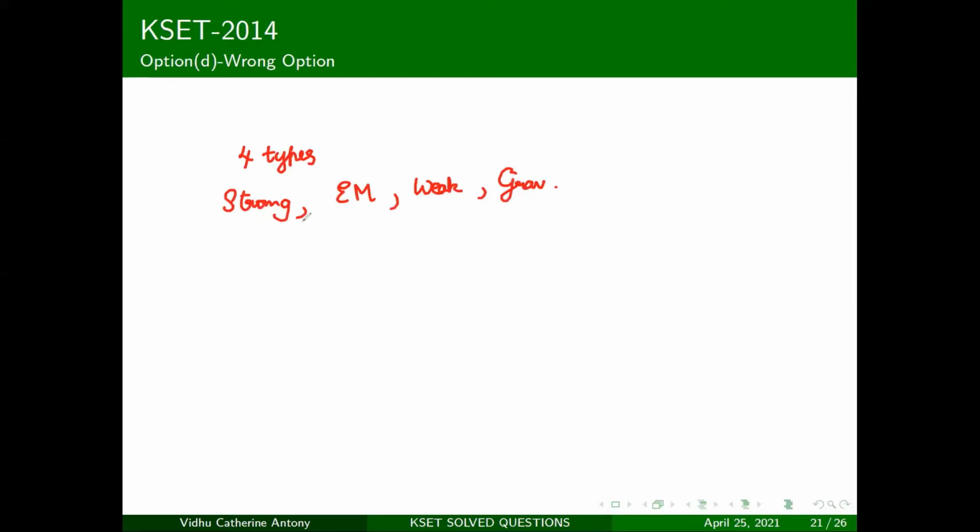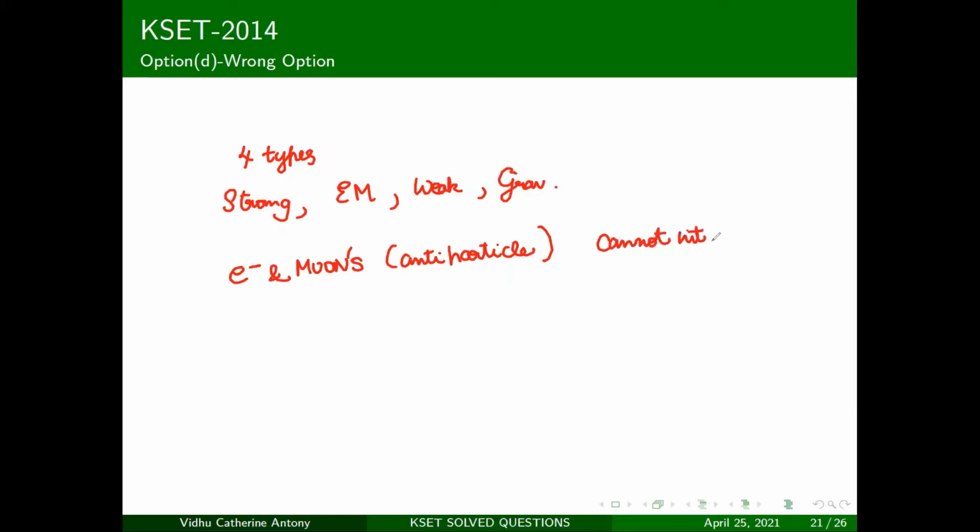Point number 2 that I would like to state is that electrons and muons and their associated antiparticles cannot interact strongly.